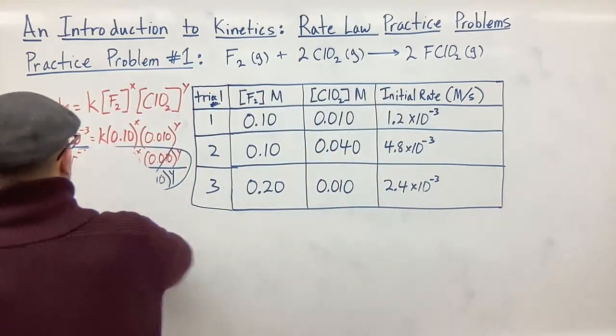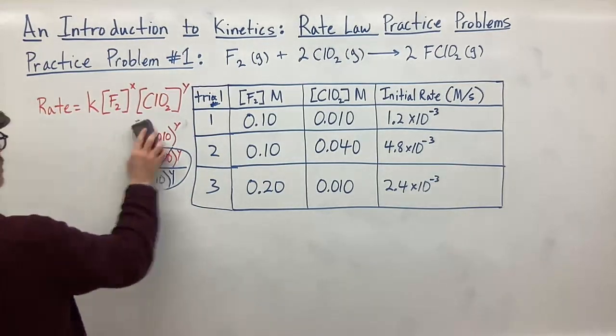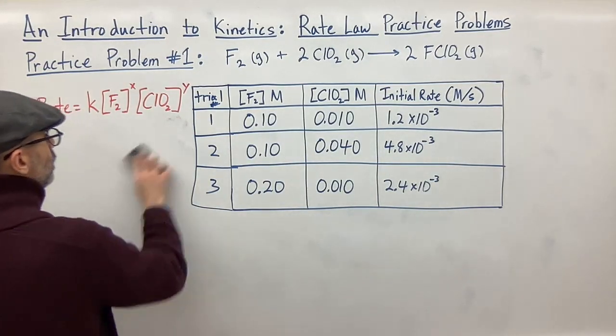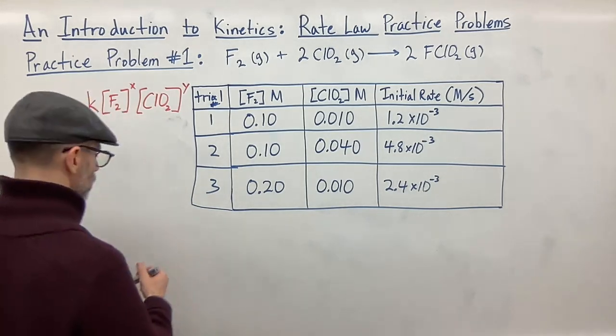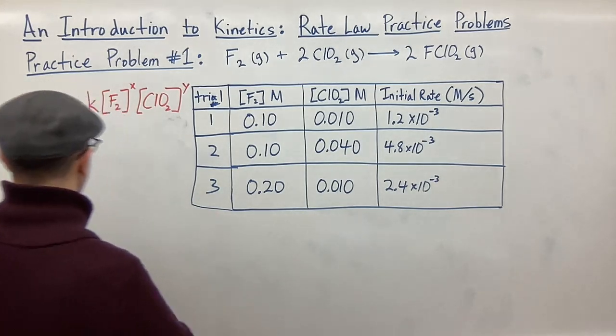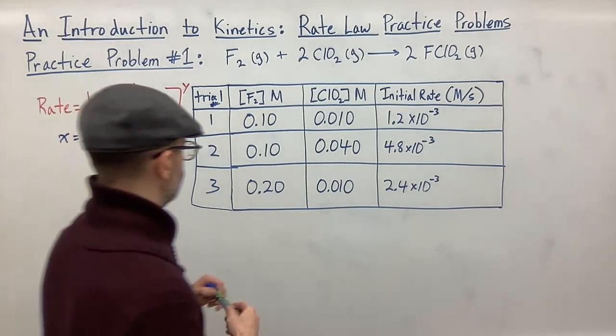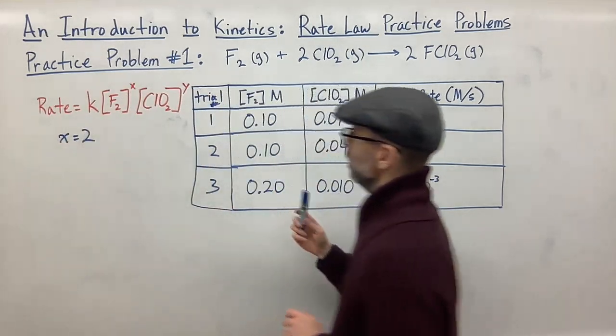Okay, so let's go ahead and do the same thing for our ClO2. So we now know that x is equal to 1. Now let's look at 2 other concentrations.